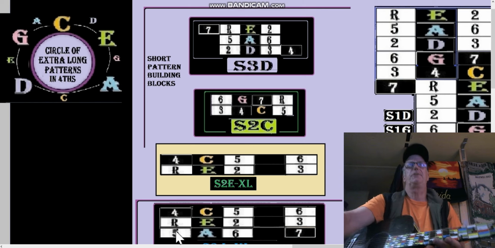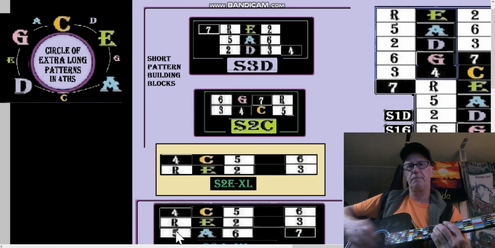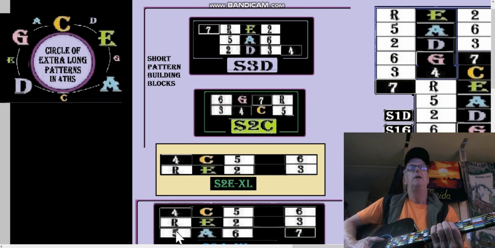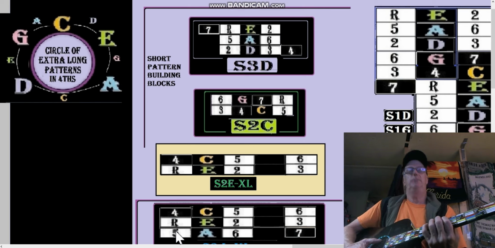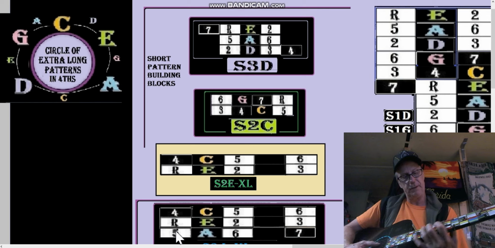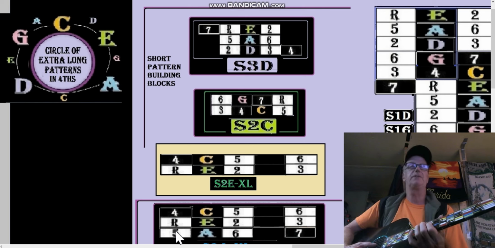So we started on this 5-6 A-shaped A. Whoa, my nail caught it. And we'll go 5-6 root, 5-6-7 root, 2-3-4-5-6. You see this 5-6 right here? It's an octave above this.